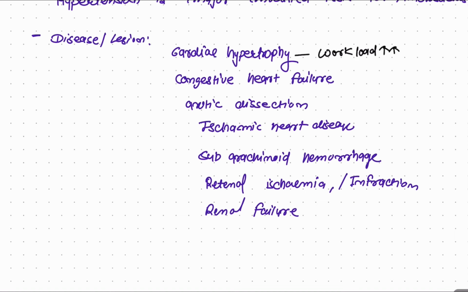Okay, congestive heart failure. What happens in pulmonary hypertension and systemic hypertension? Congestive heart failure is present. Congestive heart failure means the heart is functioning more, with cardiac hypertrophy and cardiac dilatation. Okay, and it can also cause thrombosis or embolism.